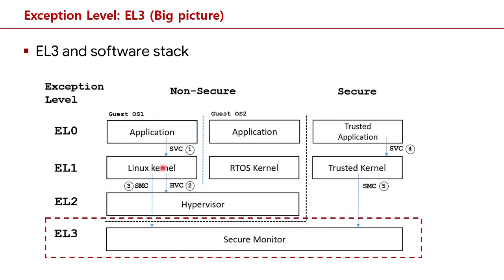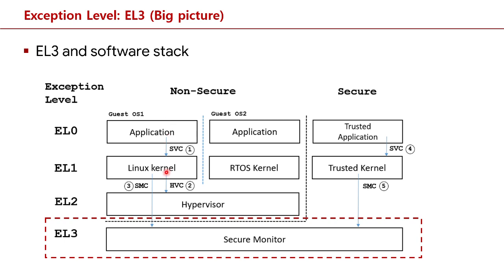Now let's look at another architecture diagram based on the virtualization system. As you can see, there is more than one operating system in a virtualization environment. Here, this is the first guest OS. Now, this is the second guest OS. SMC assembly instructions can be used to transit between the non-secure world and the secure world.